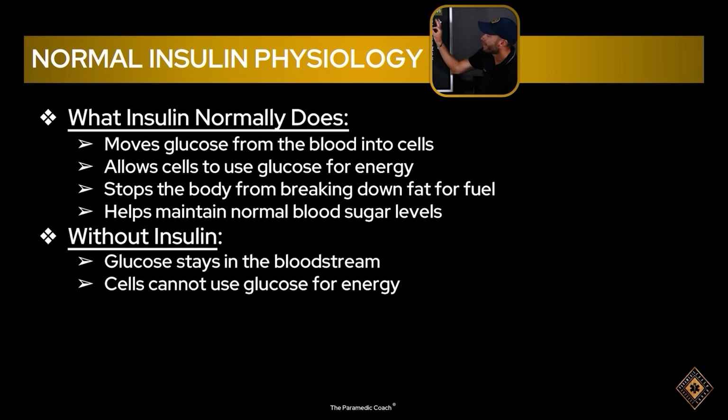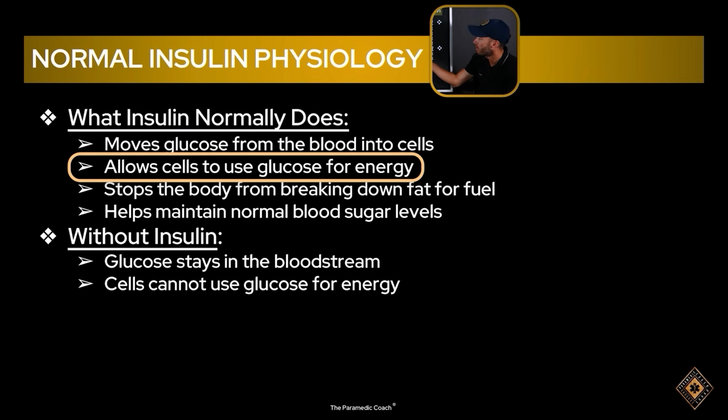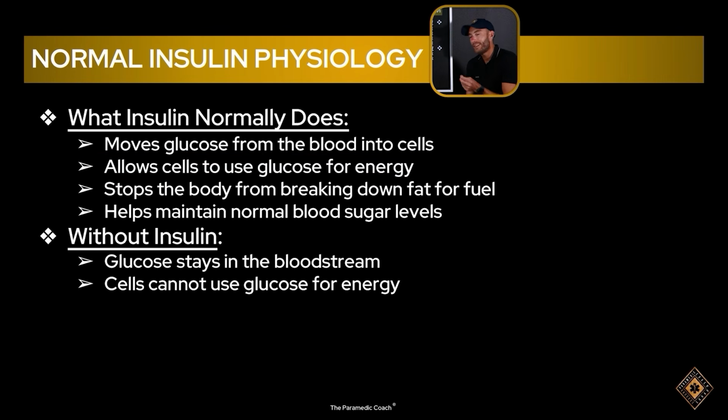What insulin normally does is move glucose from the blood into the cells. It allows the cells to use glucose for energy. Insulin is the key that unlocks the way for glucose to enter the cell, which is how we get energy.